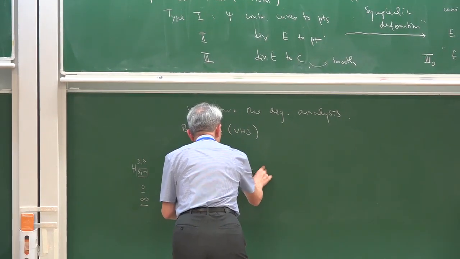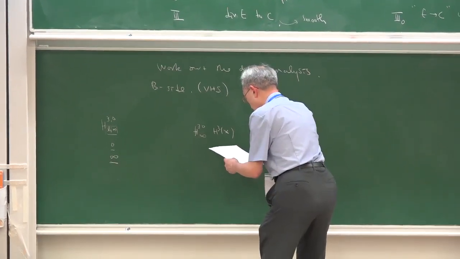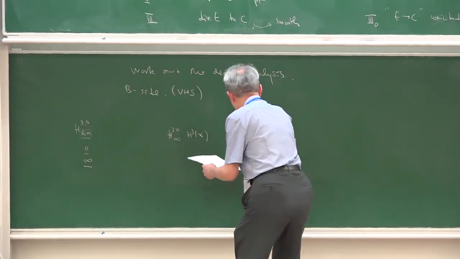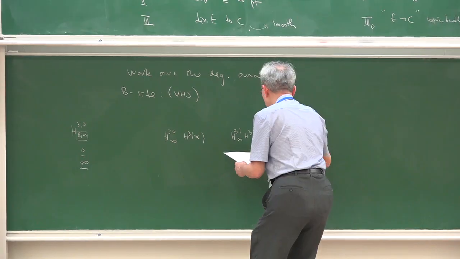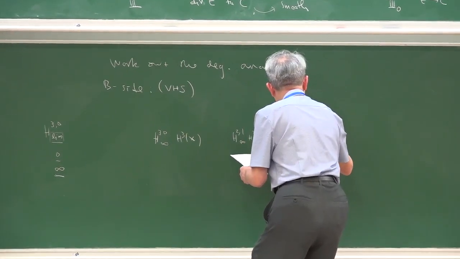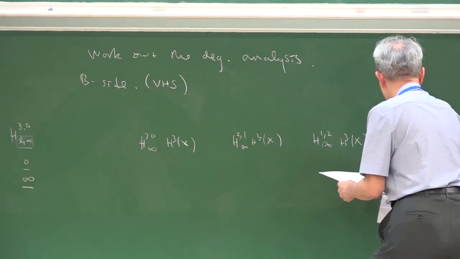But you look at that. So you look at the middle dimensional cohomology, and you have 2, 1. Here, 1, 2. You have 0, 3.